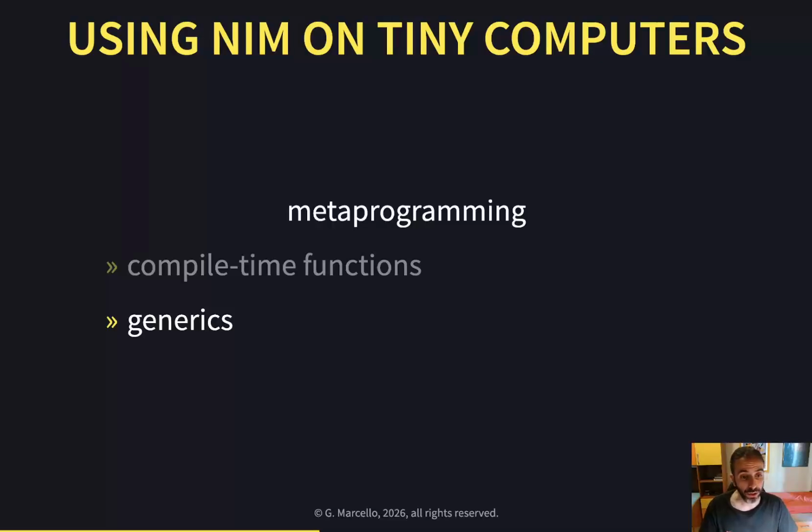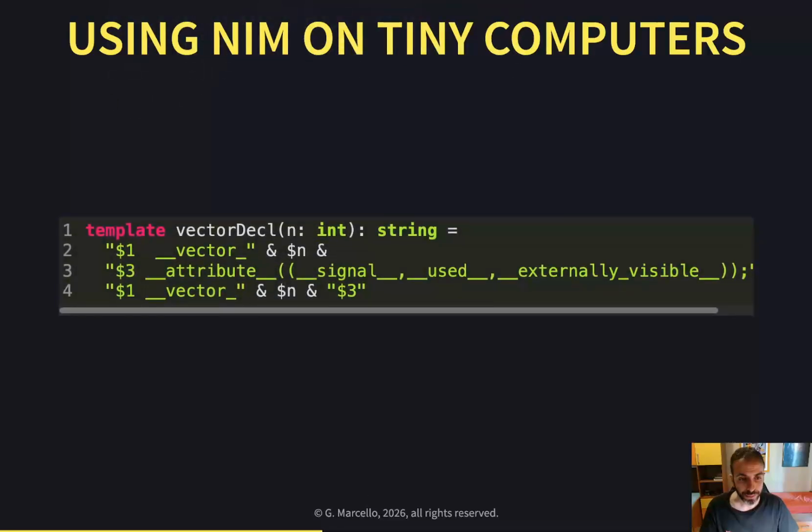And generics are also really useful for both high and low level stuff, because they allow you to do things like not repeating code, right? Which is something that tends to be difficult when using C, for example. Then templates. Templates are really interesting, especially for embedded, because a lot of the time when you're programming in C, you really want to use macros, right?